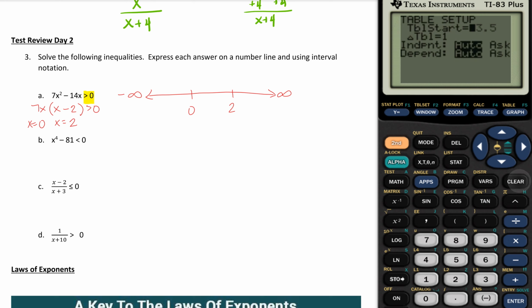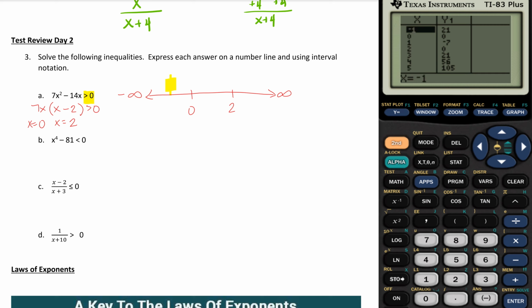Perfect, okay. So first I'm going to look to the left of 0, which would be -1, and it's positive. I'm going to look from 0 to 2, which of course is +1. Well, that's negative. And then after 2, we're going to look at 3. That's also positive. Remember, we're looking for where it is greater than 0.